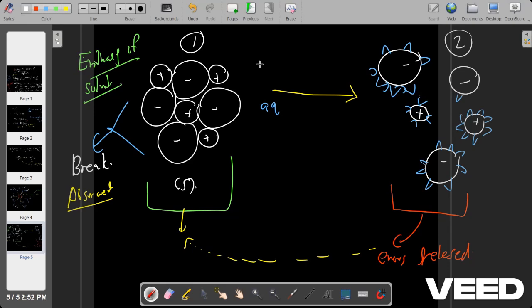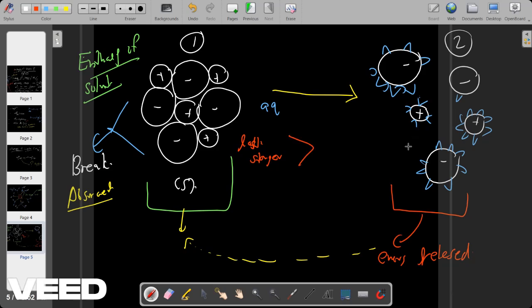But remember, if the lattice energy, if this lattice is stronger, some lattices are stronger than the energy that is released from getting dissolved, released by dissolving.